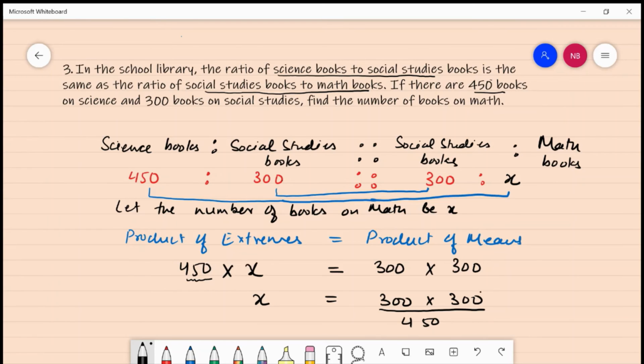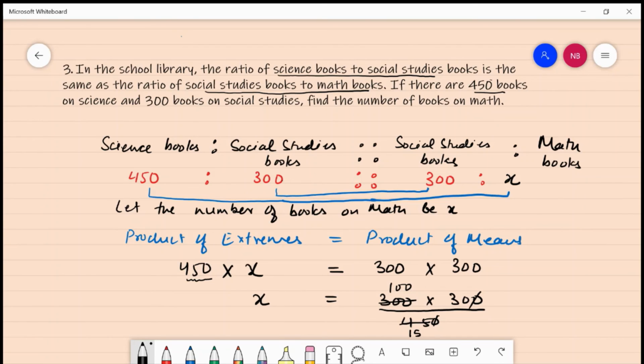Yes, we can reduce it. Now we can clearly see that this can go by 9 here. 3 ones are 3, it goes one time, and let's reduce this also by 3. 3 ones are 3 and 3 fives are 15.